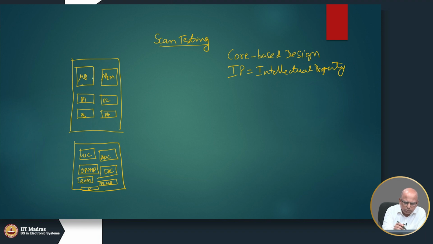So, this is a digital block, sequential. These are also typically sequential circuits, digital. So, when you integrate a number of IPs like this, typically what is likely to happen is each digital block, let us call this B1, B1 is a digital block.